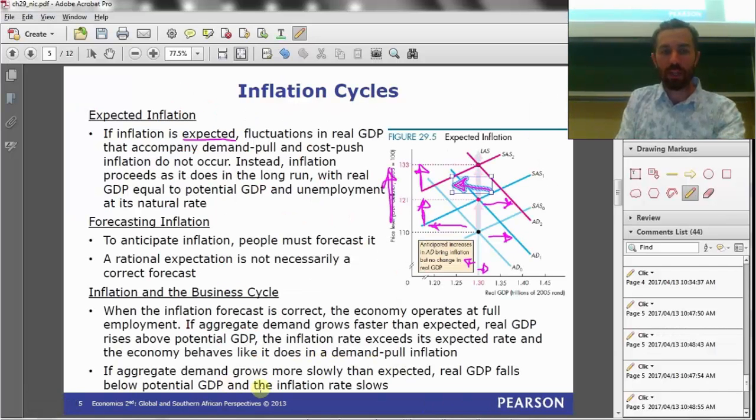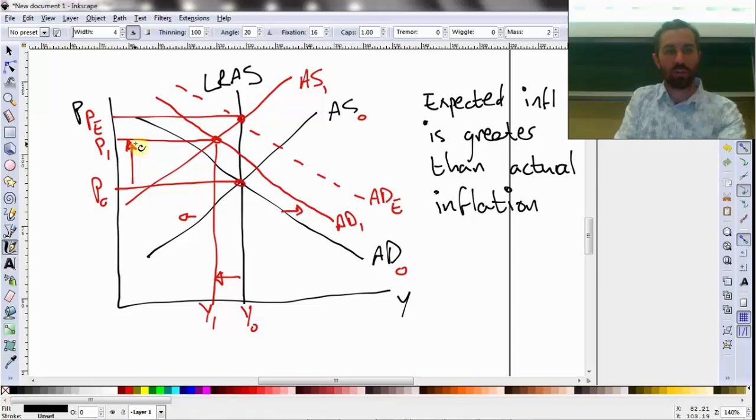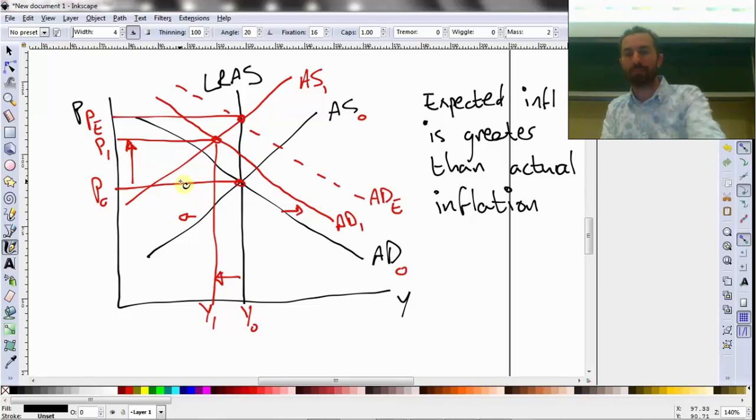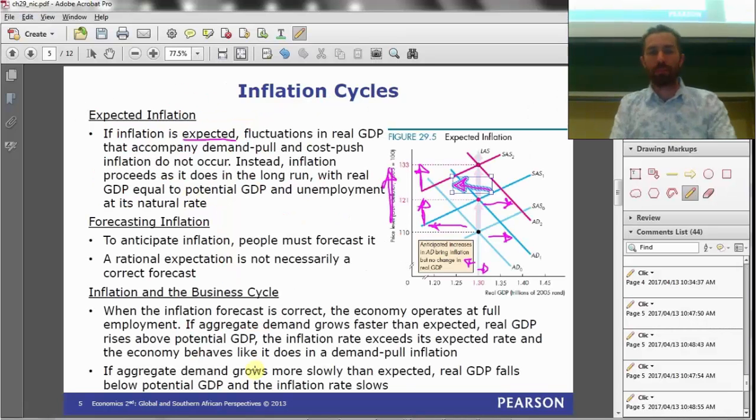So we've still got inflation, but it's less than what was expected. We've clearly therefore got a relationship between our expectations of inflation and the level of output.